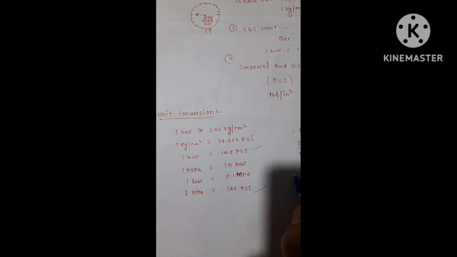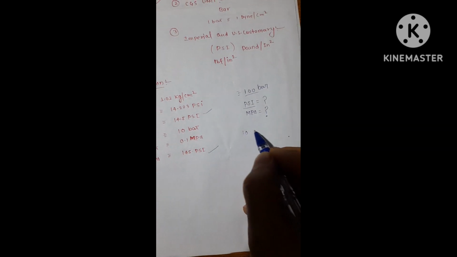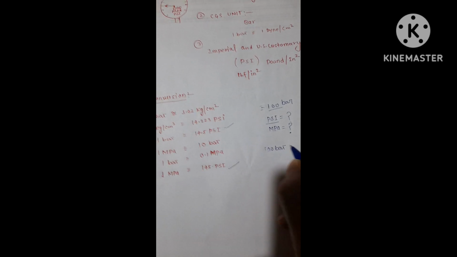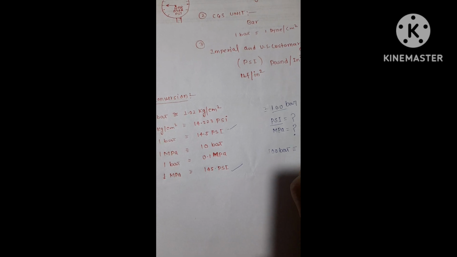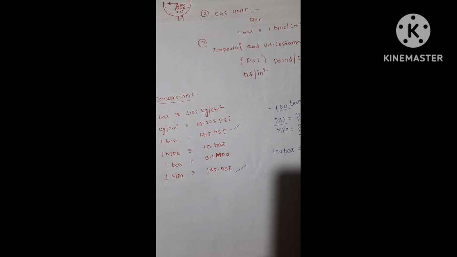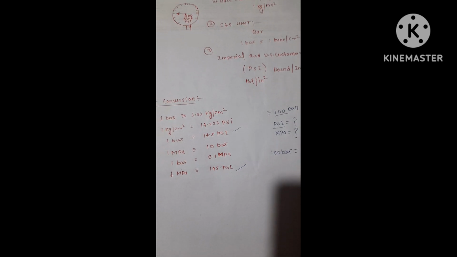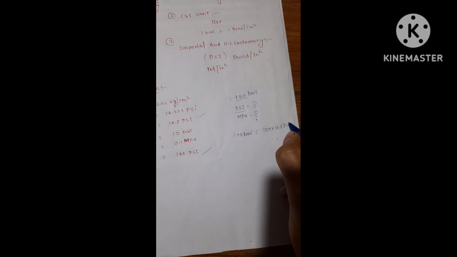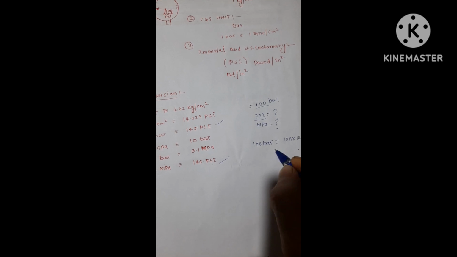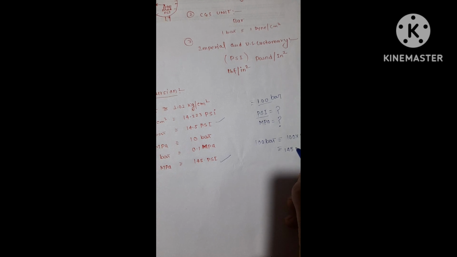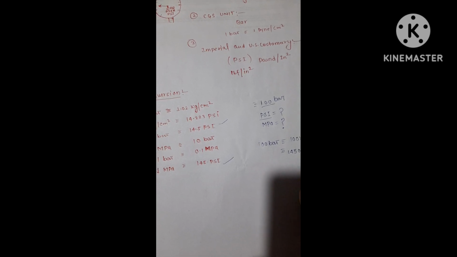Now 100 bar is equal to how much? 100 into 14.5 psi. Now I multiply.